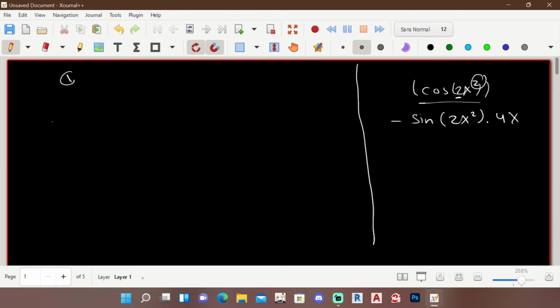And then this is x, then we subtract 1 from the second power and it becomes 1. So I can just remove the 1 and it's x. So this one will be 4x sine. Okay, just keep that in mind.